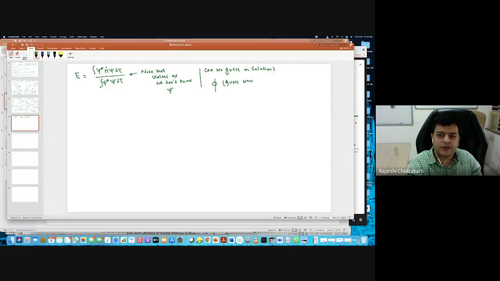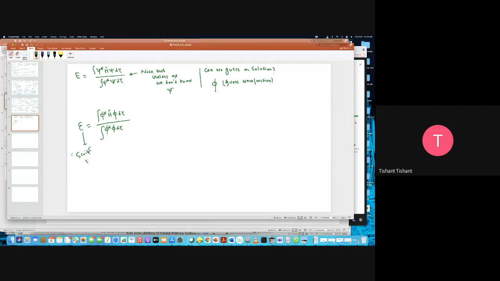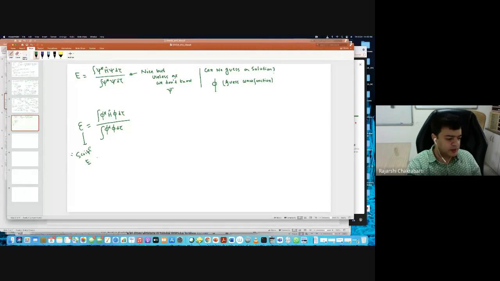I guess it, and then I calculate this quantity: the integral of phi star H phi d tau divided by the integral of phi star phi d tau, and this one I'm calling script E. Let me finish. This is some approximate energy.